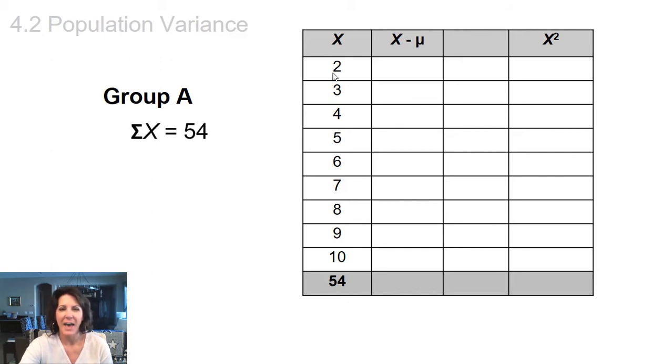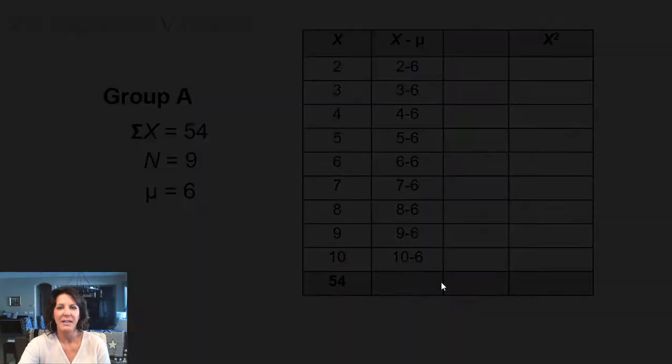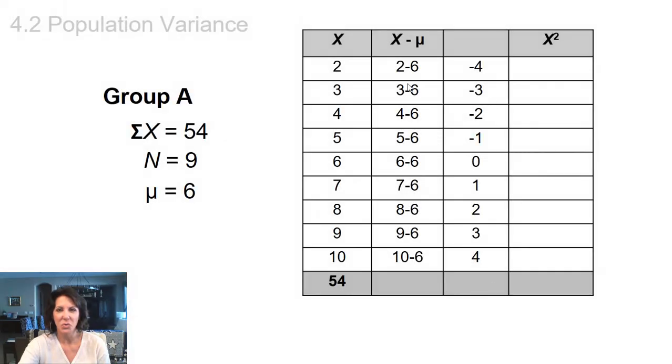So if I add up all of these scores, it totals 54. And I know that there are 9 scores total, which gives me a mean of 6. So I know that when I'm taking each score and subtracting the mean, it's 6 that I'm going to be using in this subtraction. So I've done it here. Here we go. 2 minus 6, 3 minus 6, 4 minus 6, etc. And here are the deviation scores from these subtractions.